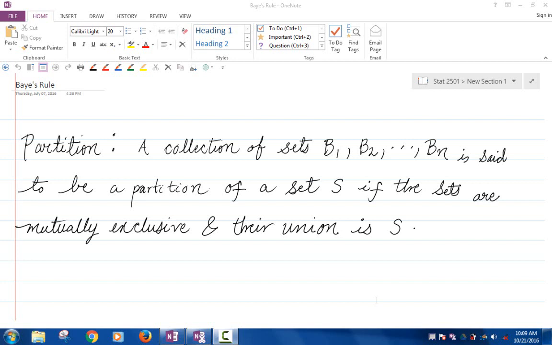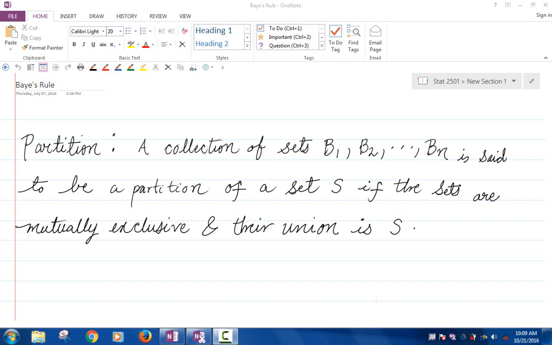Partition. A collection of sets or events, B1, B2, ..., Bn, is said to be a partition of a set S or of the sample space S if the sets are mutually exclusive and their union is the set S or the sample space S. So for us, the sets are events and S is the sample space.